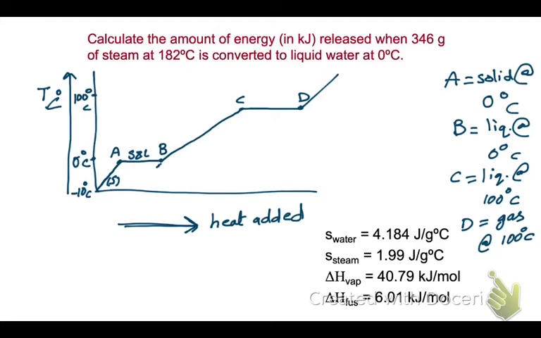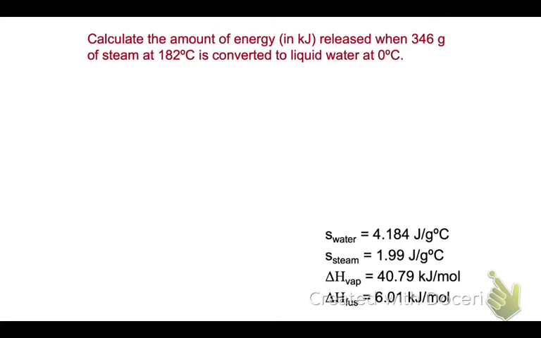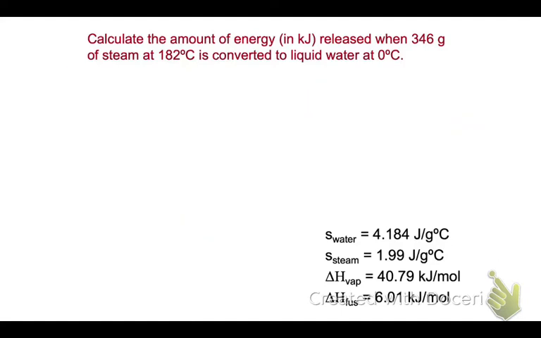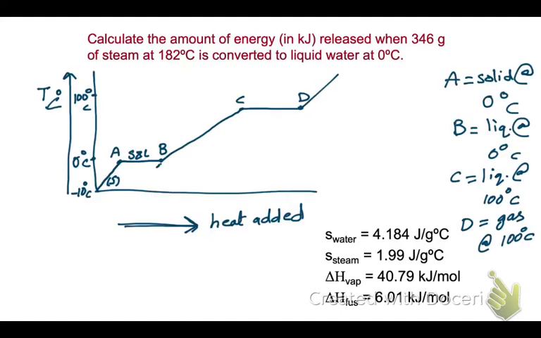Now, the amount of heat that I have to add to get all my solid at 0 to be liquid at 0, to go from A to B, this is what I call the heat of fusion.